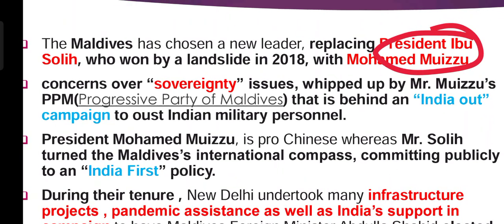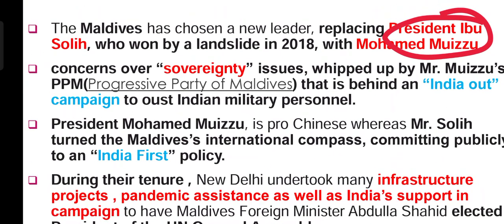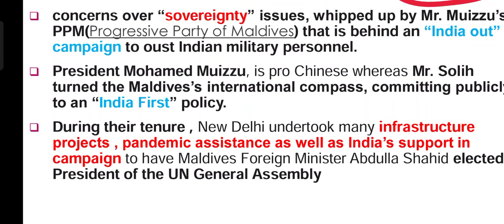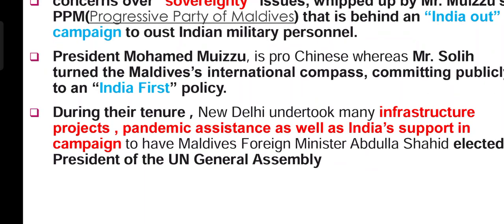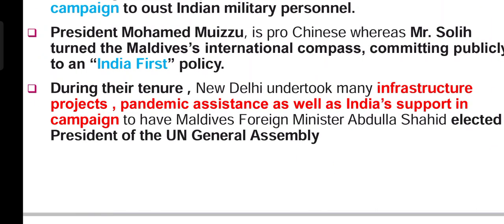Okay, so that highlights that maybe the relation gets impacted because of the closeness towards China. So here you can see President Mohammad Muizzu is pro-Chinese, whereas Mr. Solih, the former president, was promoting an India first policy. That is the point you have to understand.